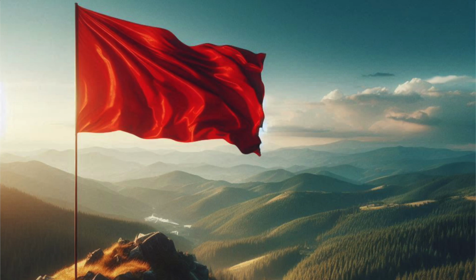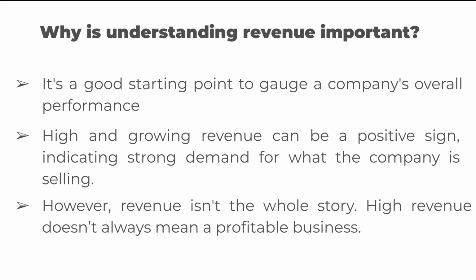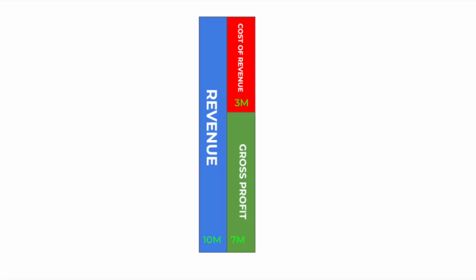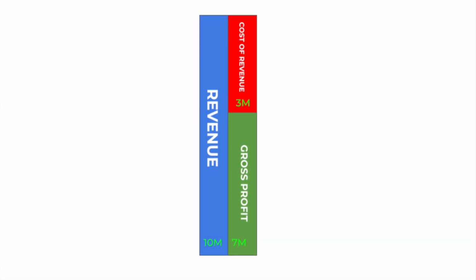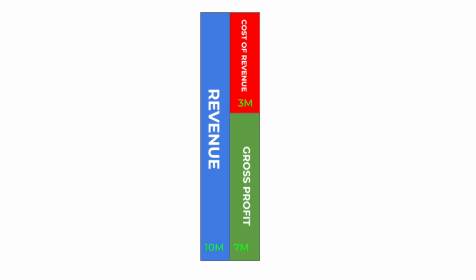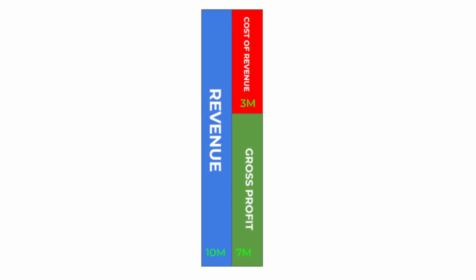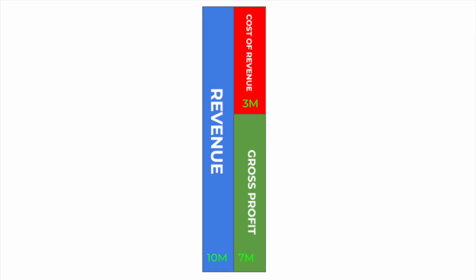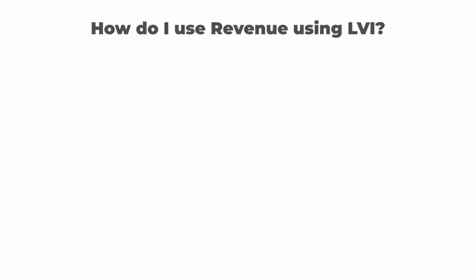Remember, revenue is just the top line. We need to dig deeper to see how much profit a company is actually making from that revenue. In the next video, we will explore gross margin, which goes beyond revenue and shows us a clearer picture of a company's profitability.